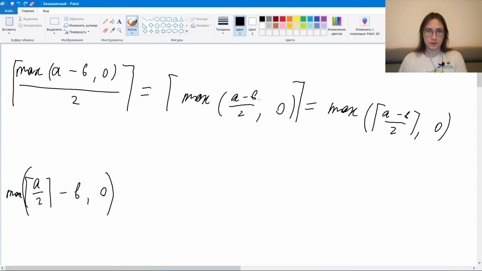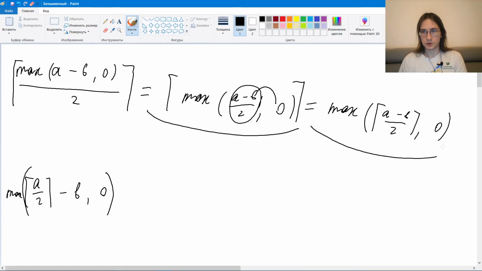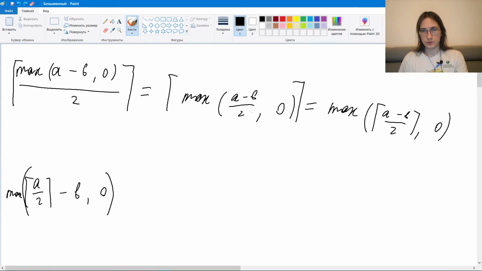Well, because if it's less than 0 or equal, then this will be 0, and this will also be 0. But if it's greater than 0, then of course we'll take this and round it up, and so we will do here. So those are always equal.